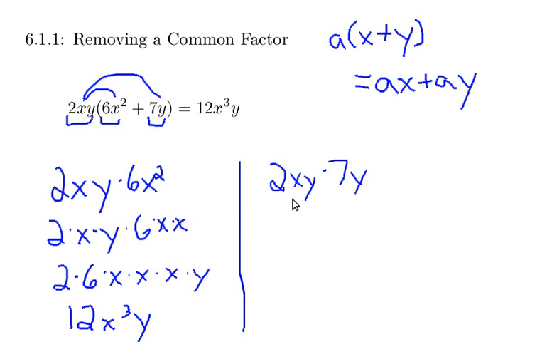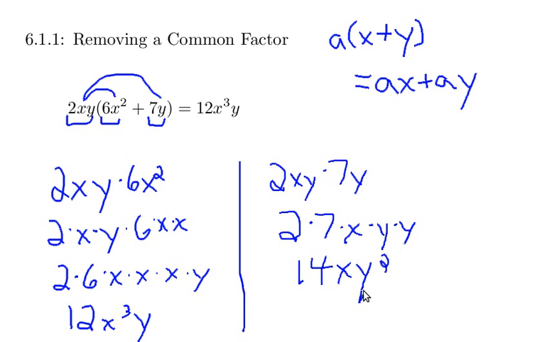Like this one, we can rearrange this into any order. So I'll say 2 times 7 times x times y times y. That's long. So this will be 14. And then we have x y squared, because we have 2 y's and 2 times 7 is 14. So that means this next term is going to be plus 14xy squared.